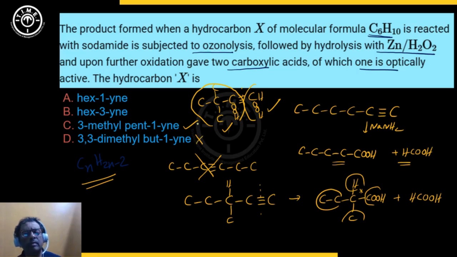So this is not going to give. This is out because it is not reacting with NaNH2. And this will not give an optically active carboxylic acid. So it will give a mixture of carboxylic acids, both of which are not chiral. So only C, that is 3-methylpent-1-yne, gives us one carboxylic acid which is optically active and the other which is not. I hope this is clear.